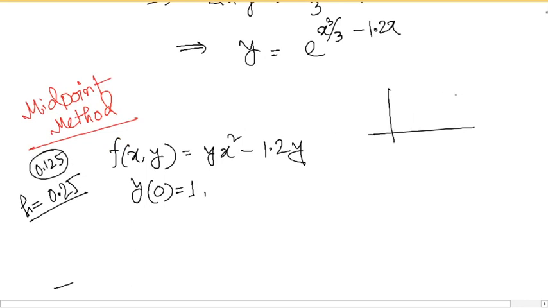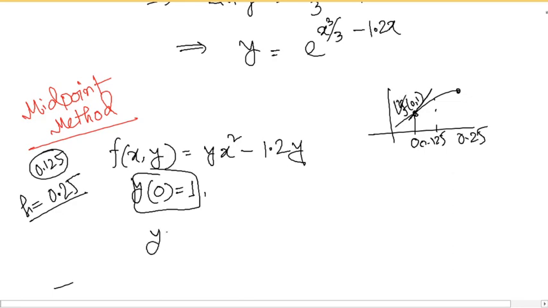So instead of going from 0 to 0.25, I will be rather going to 0.125 using this slope. The slope at this point should be calculated as f of 0, 1, as y0 equals 1.